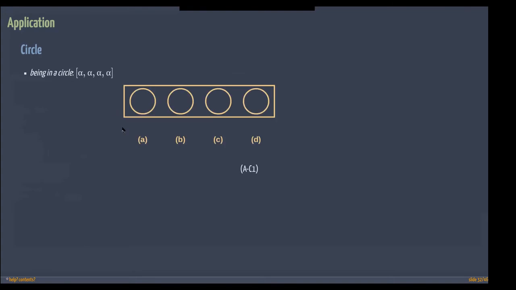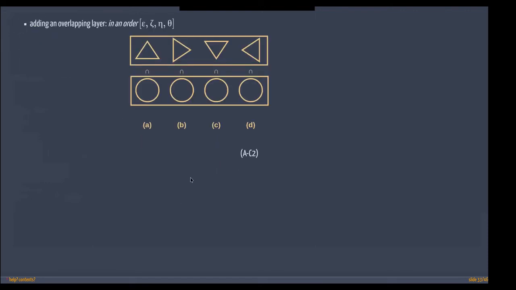Now let's try to apply it to the two cases we were looking at in the beginning, and how I think this might help. First, we start with the layer of being in a circle. We want it to be symmetric, so we have the same position 4 times over, and we assign the 4 objects to it. What we do now is we add a layer of absolute positions.